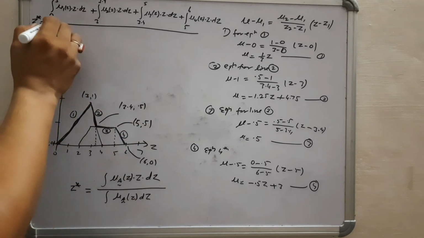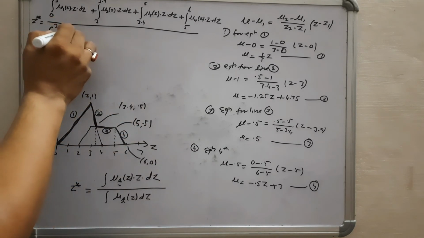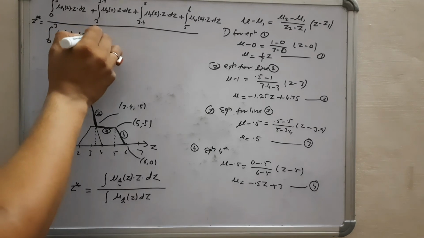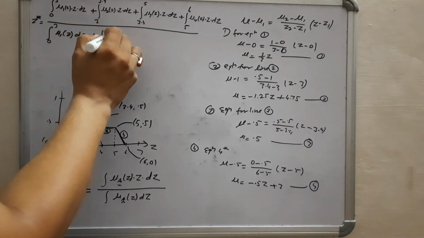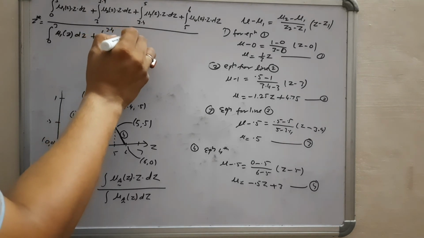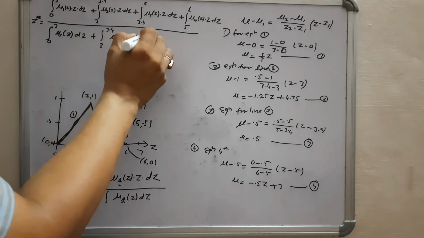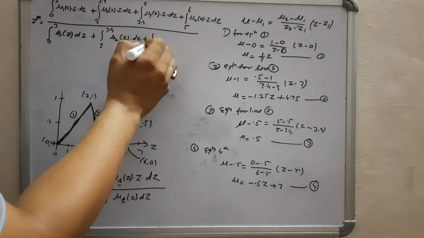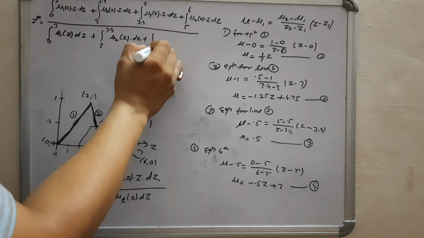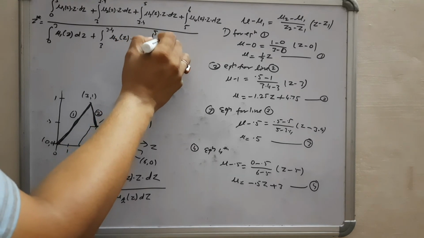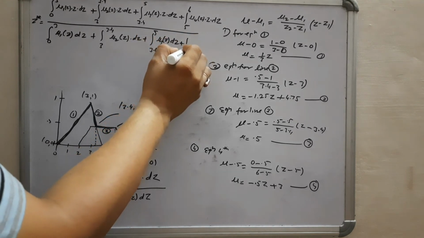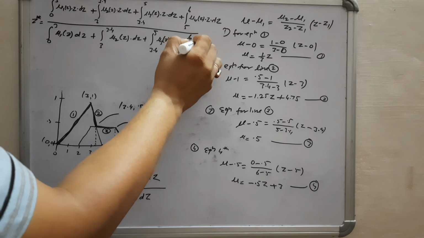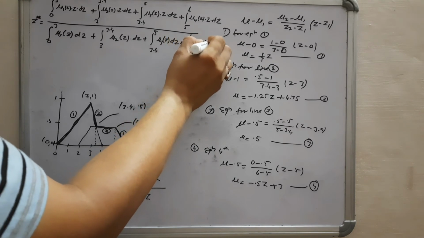So just write 0 to 3 mu1(z) dz plus 3 to 3.4 mu2(z) dz, then 3.4 to 5 mu3(z) dz plus 5 to 6 mu4(z) dz.